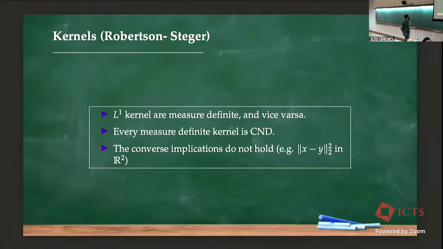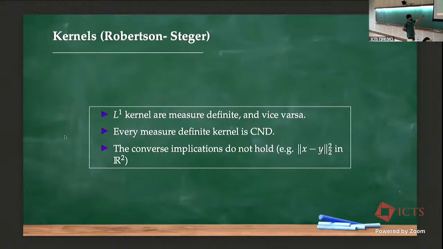So of course, if you just take R^2 and look at the squared L2 norm, then clearly, because e to the power minus lambda times the norm squared is positive definite, it's a CND function.